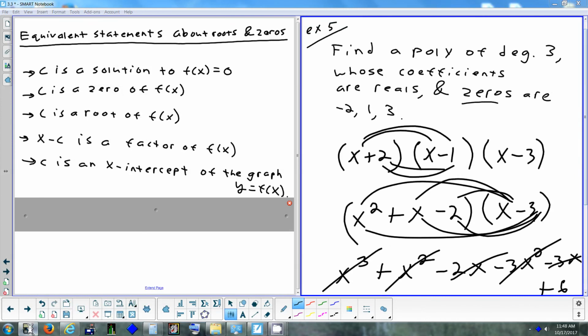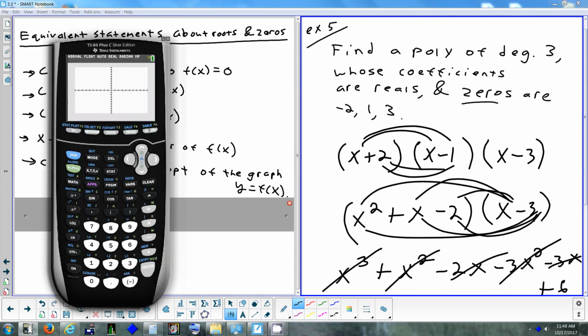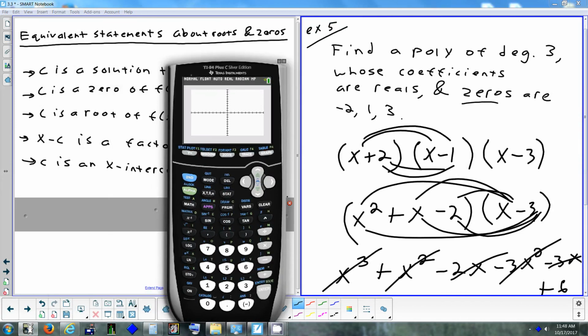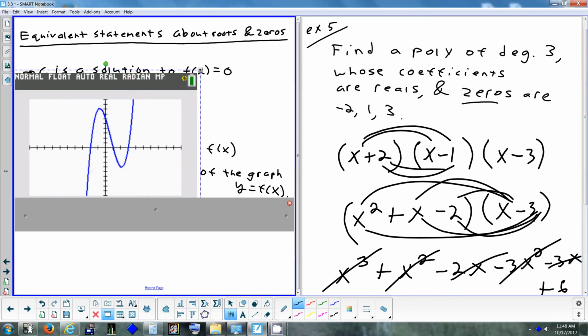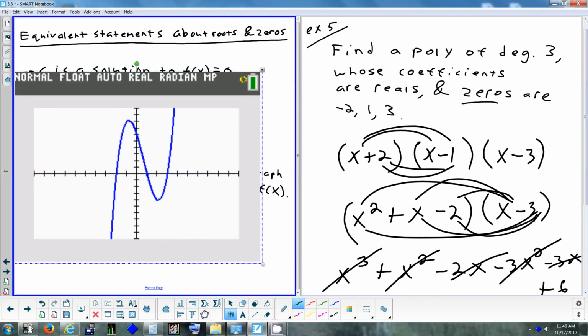Because of how we created it, it should be negative 2, 1, and 3. Let's hit graph and see if that's what we got. So there's negative 2, there's 1, there's 3. Exactly what we wanted. Any question on that?